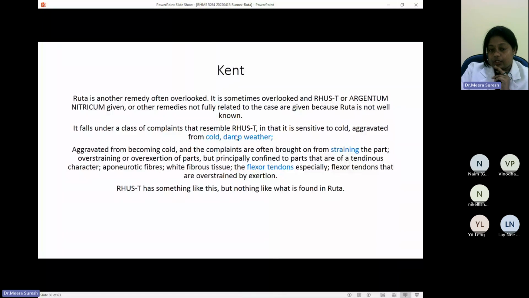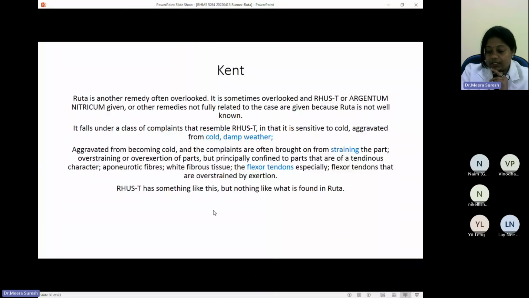The common symptoms between Rhus tox and Ruta will be aggravation in cold, damp weather, then because of straining, overstraining or overexertion, and mostly affecting the tendons, aponeurosis, the fibrous tissue, and the flexor tendons. So these will be the similar symptoms of Rhus tox and Ruta.